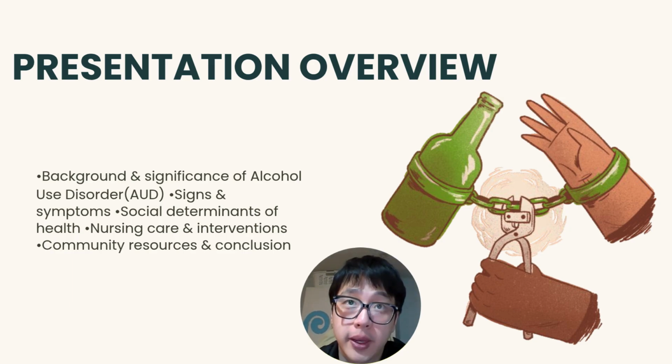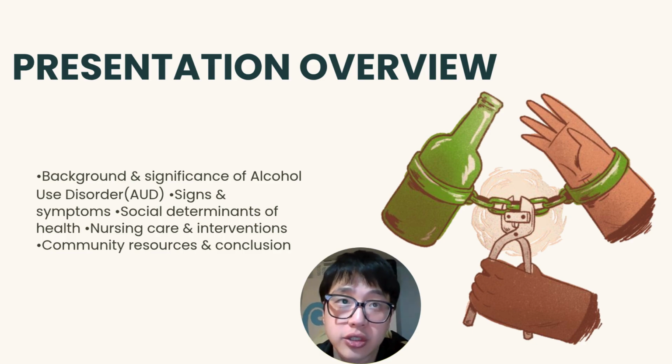Hello, my name is Hongming. For this slide, I want to talk about our presentation overview. Our presentation is structured to give you a 360-degree view of the issue. We will start with hard numbers, the statistics in Canada today. Then we will move into the clinical side, like how we actually diagnose AUD, alcohol use disorder.